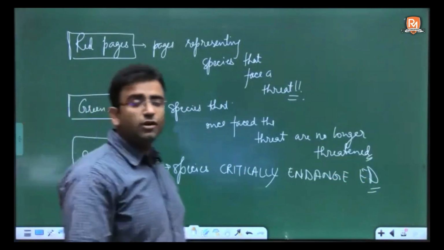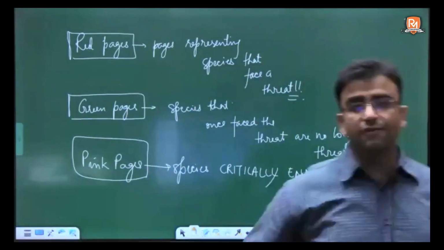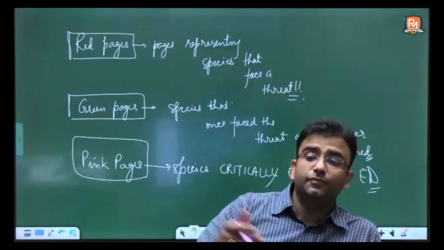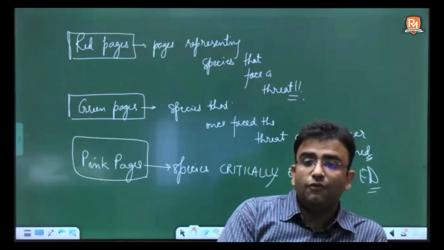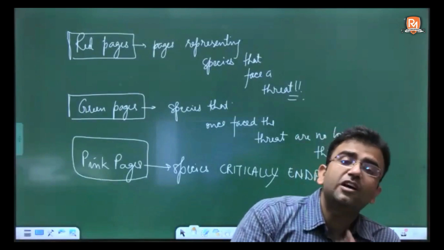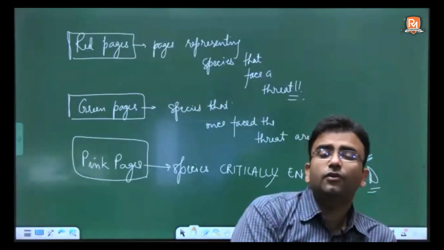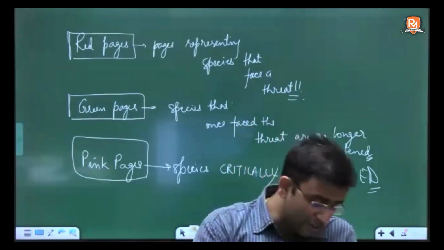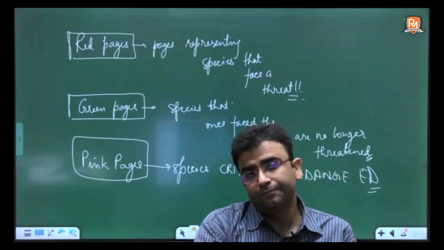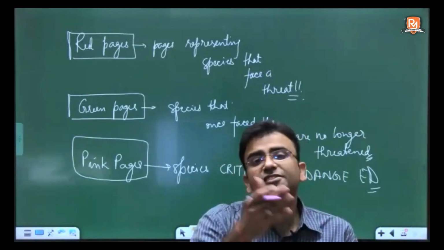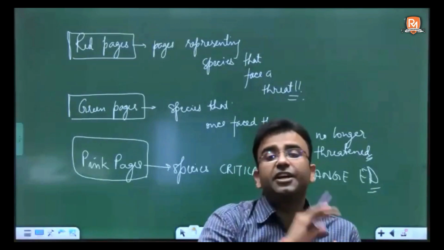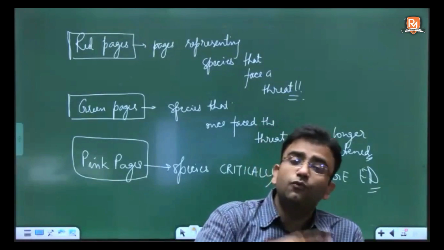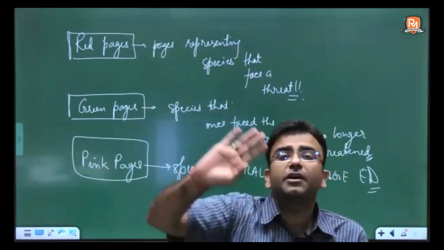So red pages species, or red list species, are those species which are facing a threat of extinction. Green pages are those pages that have the species which were once in the red category, but now they have become protected.